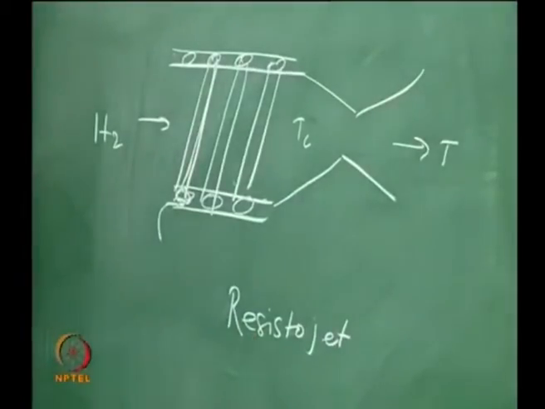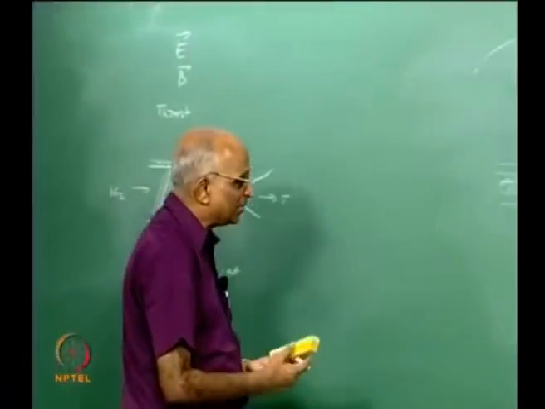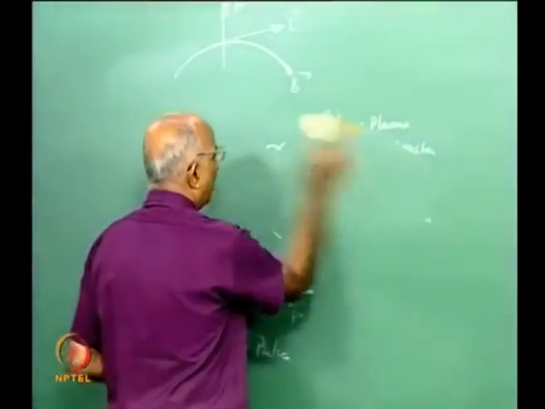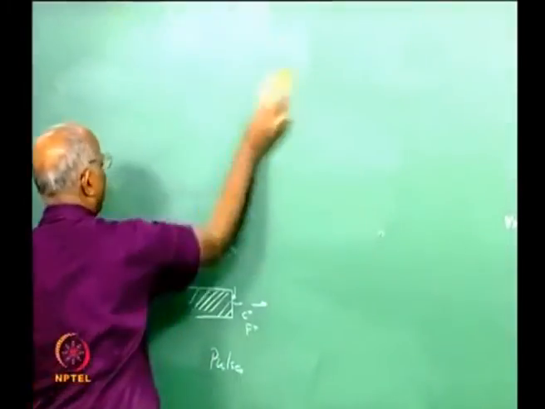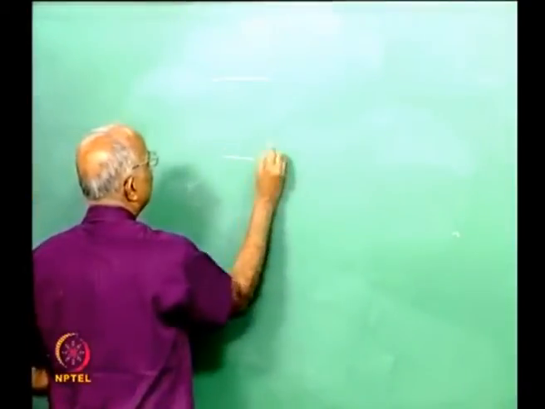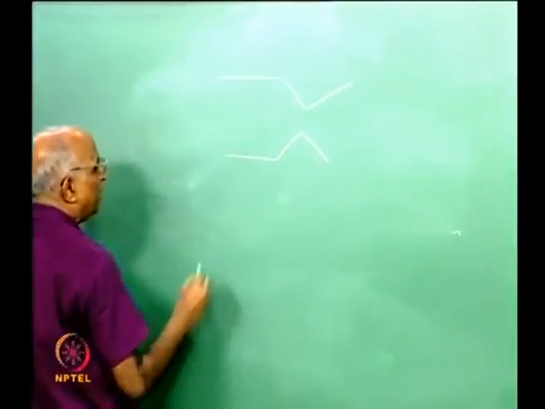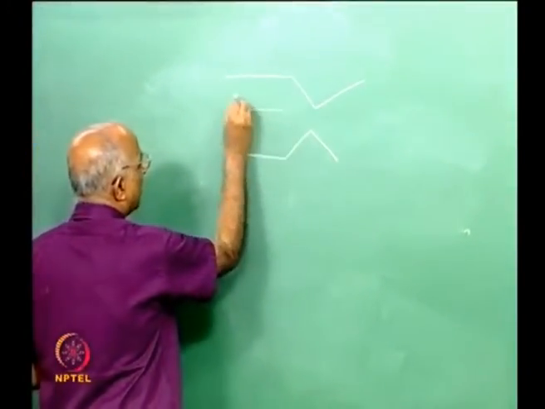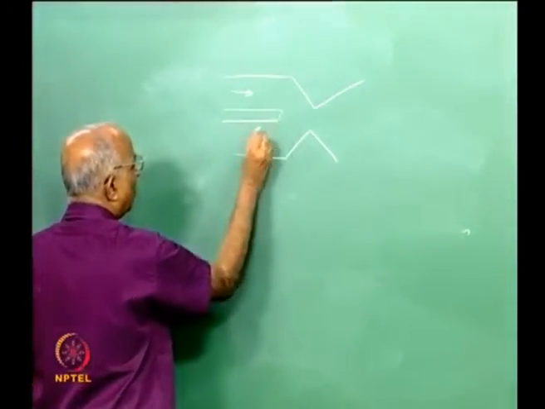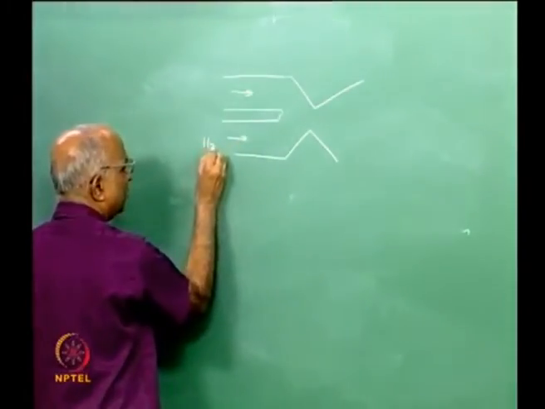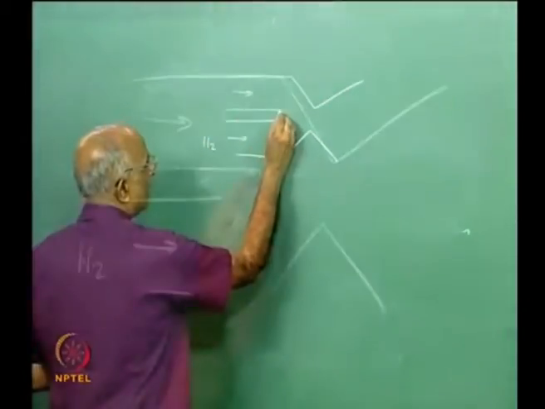And why a resistojet? I can also use a similar principle. After all, I can create an arc, and what is an arc? In the same chamber, maybe I pass a gas into it, a low molecular mass gas, let's say hydrogen, and I now generate an arc over here.